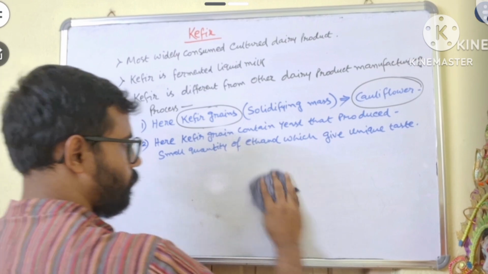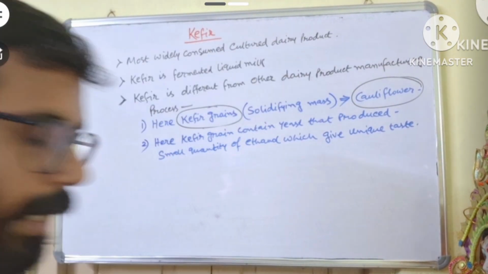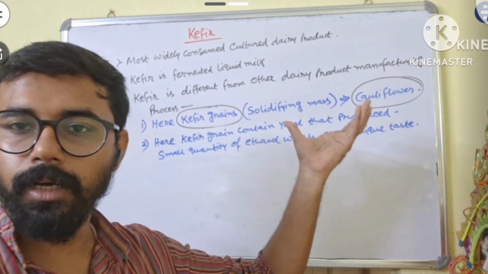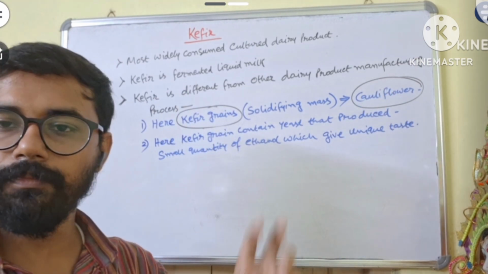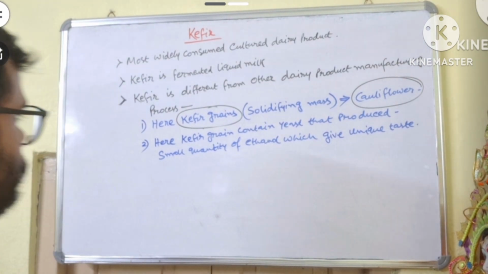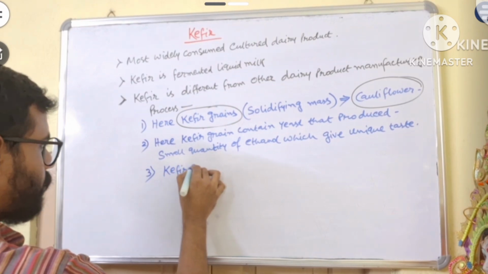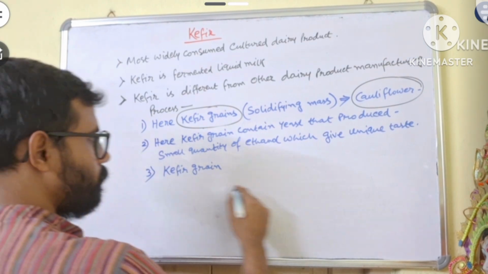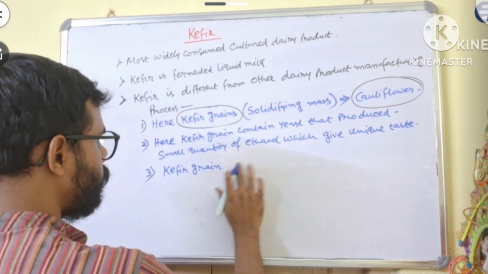Third point, the starter culture used here can also be recycled or reused because it is a solidifying mass. We can easily strain and remove the kefir grain after the fermentation process. So we can reuse the starter culture here. So point number three: kefir grain after fermentation can be removed and used in another batch of fermentation.